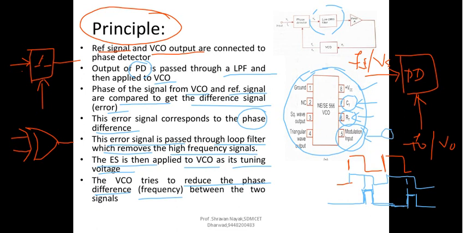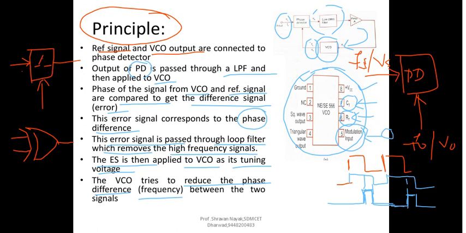Whatever voltage you are going to give to the VCO is basically the difference voltage, and this difference voltage makes the difference between the output signal as well as the reference signal as small as possible depending upon the requirement of the circuit.